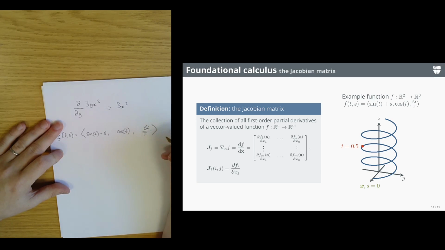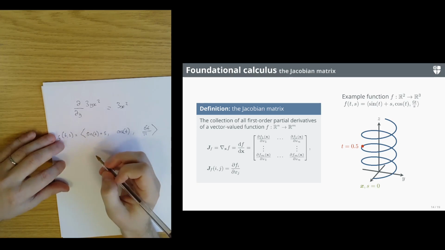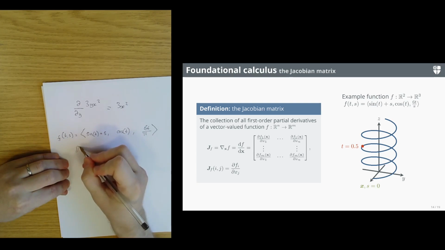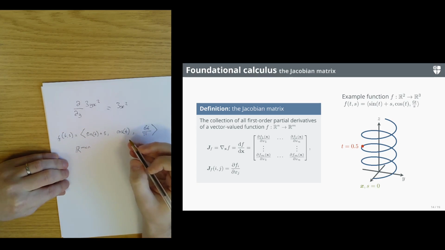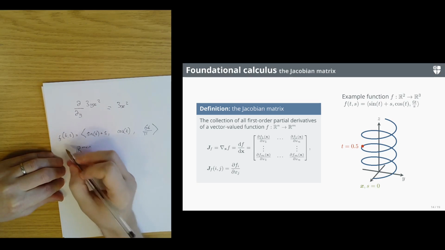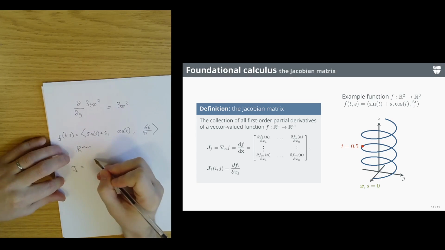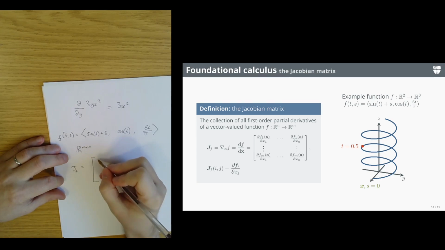We want to calculate the Jacobian of this with respect to t and s. So we said it's an R^(m by n) matrix, where the Jacobian of this function is equal to, let's give ourselves some space, so let's write out all the partials.